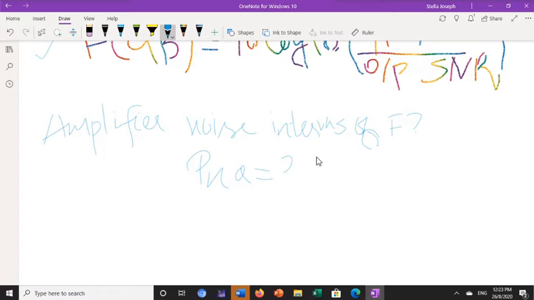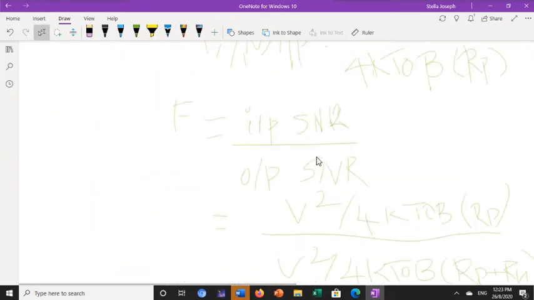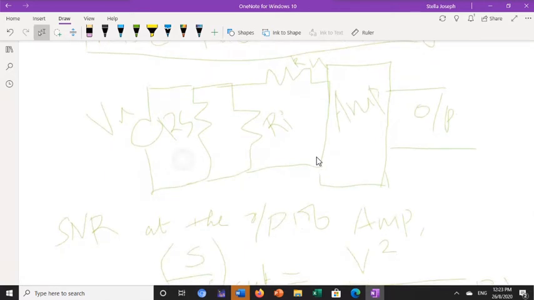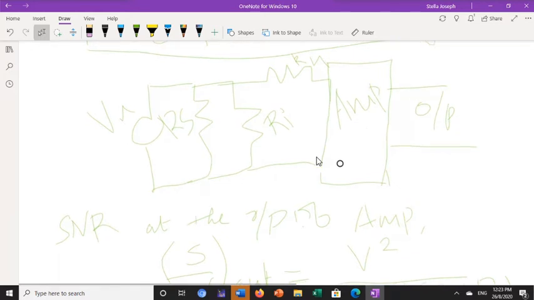So when this amplifier noise is present, see this noise factor derivation. This is the input source, input resistance, then connected with the amplifier. Now we are going to find out when the signal gets amplified.